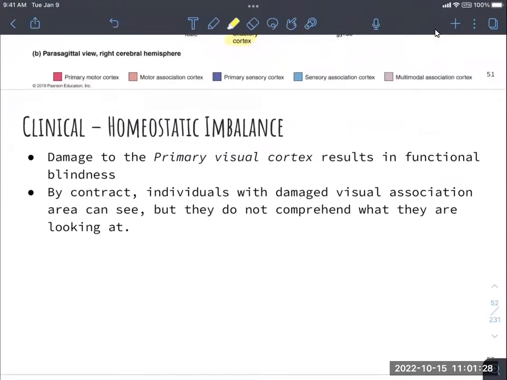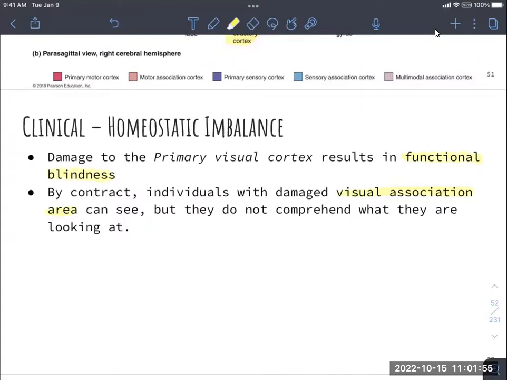What happens if we have some kind of damage to that primary visual cortex? It creates functional blindness. If somebody's visual association area gets damaged, they can see everything just fine.